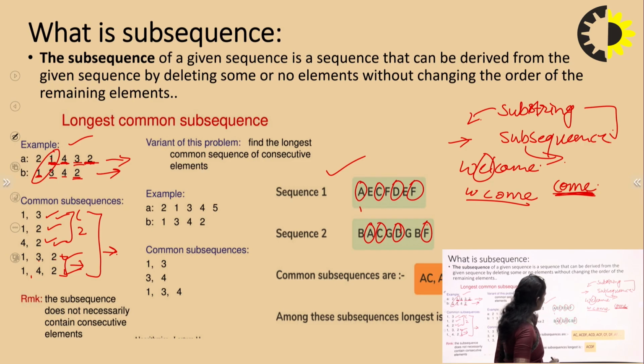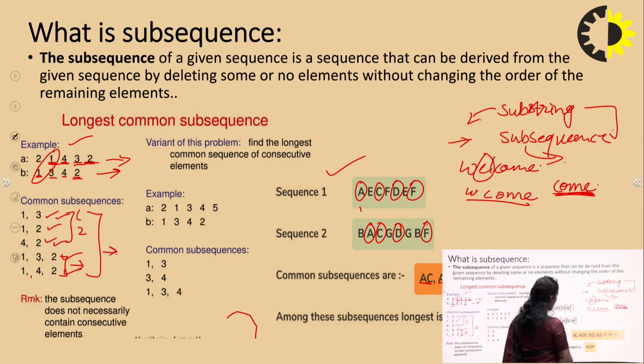What are the possibilities of common subsequences? If I take them one by one, AC is a common subsequence. A, C, D, E, F is a common subsequence. Next, A, C, D is also a common subsequence.